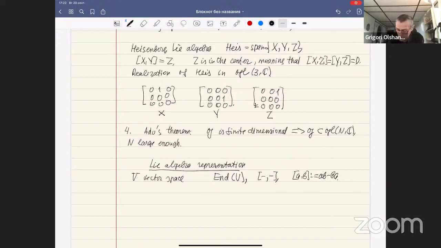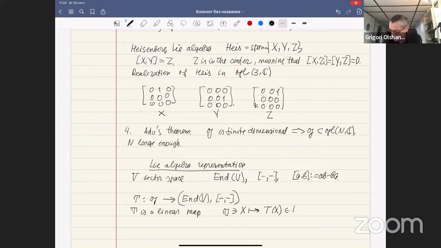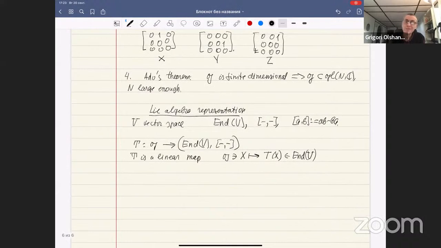And T should be a morphism to this Lie algebra, the Lie algebra of operators. Which means that T is a linear map, which is consistent with our structure.